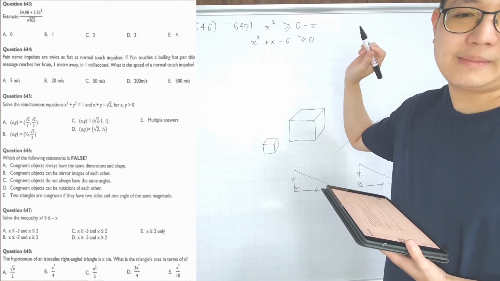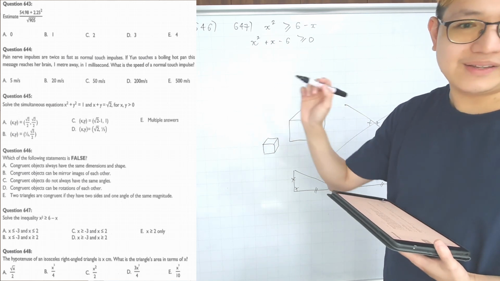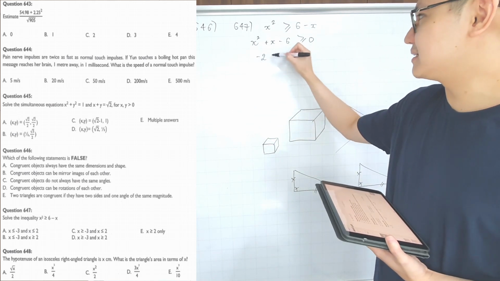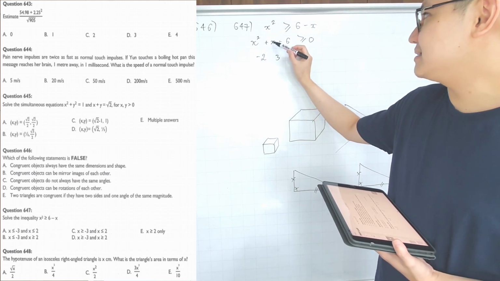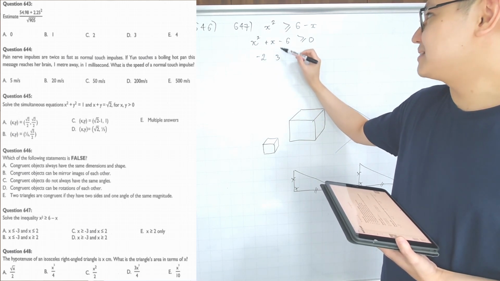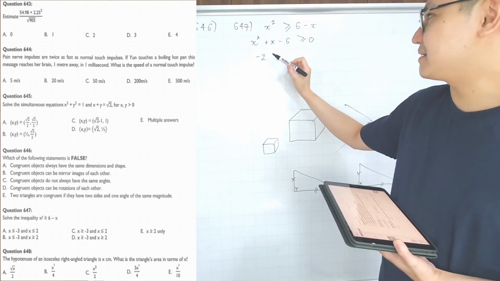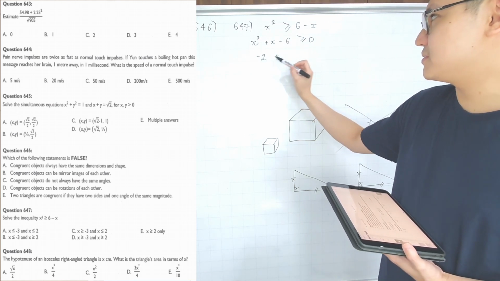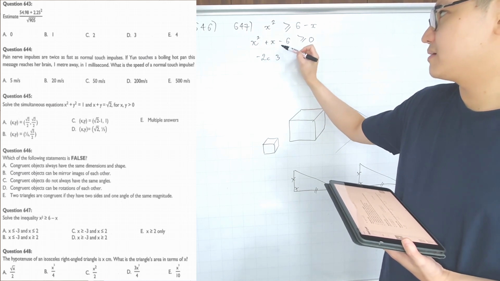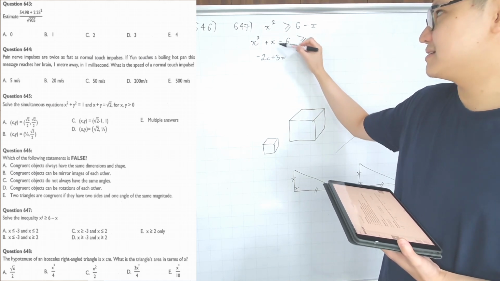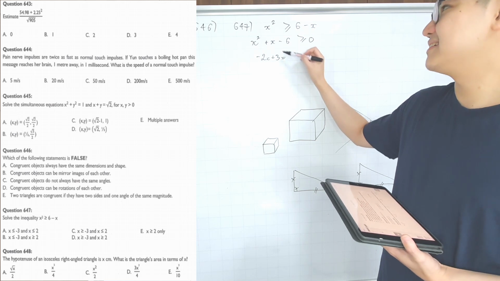So it's going to be minus 2 and 3, right? Because minus 2 times 3 is minus 6, and minus 2x plus 3x is going to be plus x.